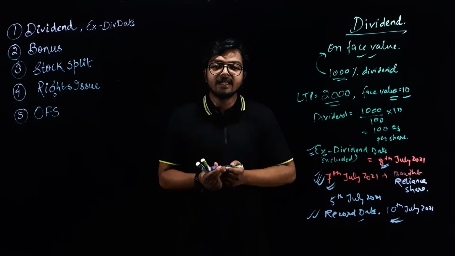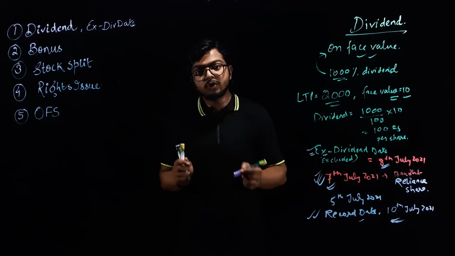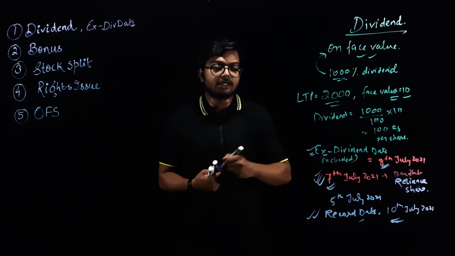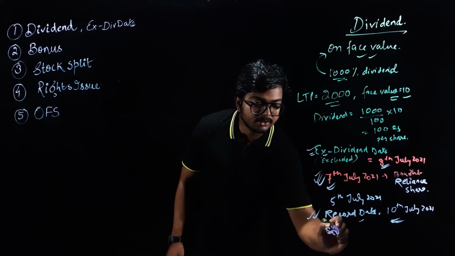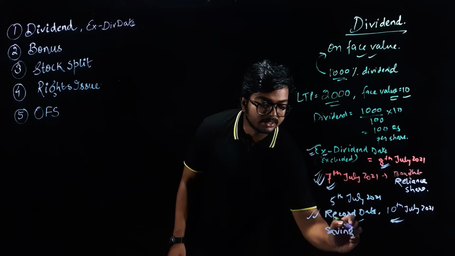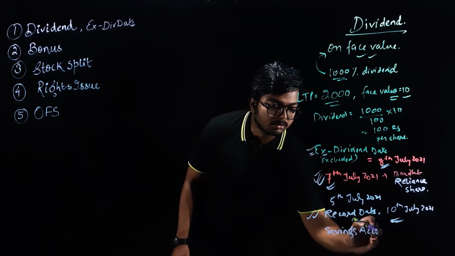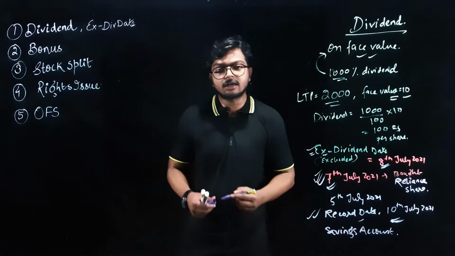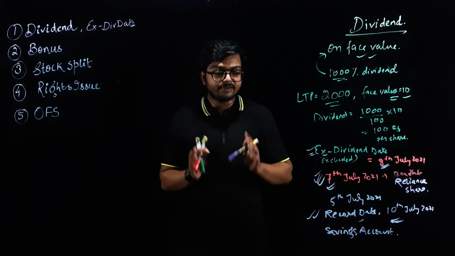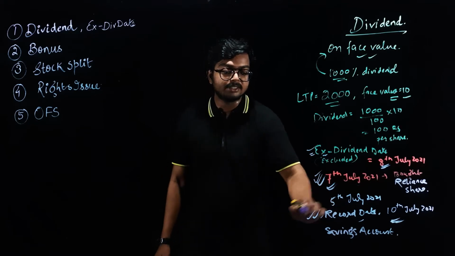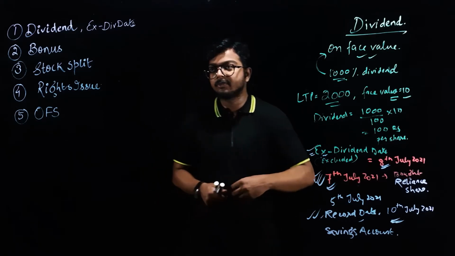And this dividend is directly credited to your savings bank account. It won't be going into your trading account. Generally it takes around 15 days after this record date, you should remember it.